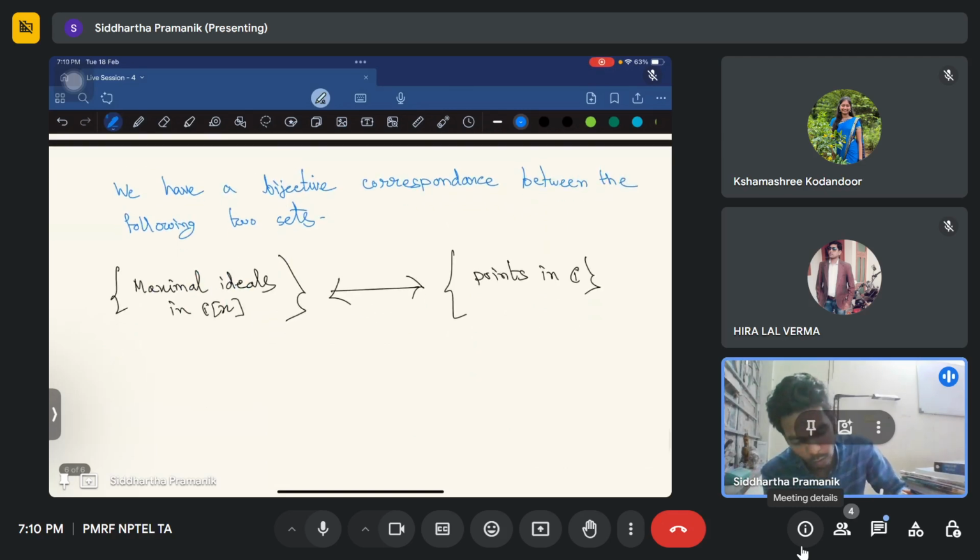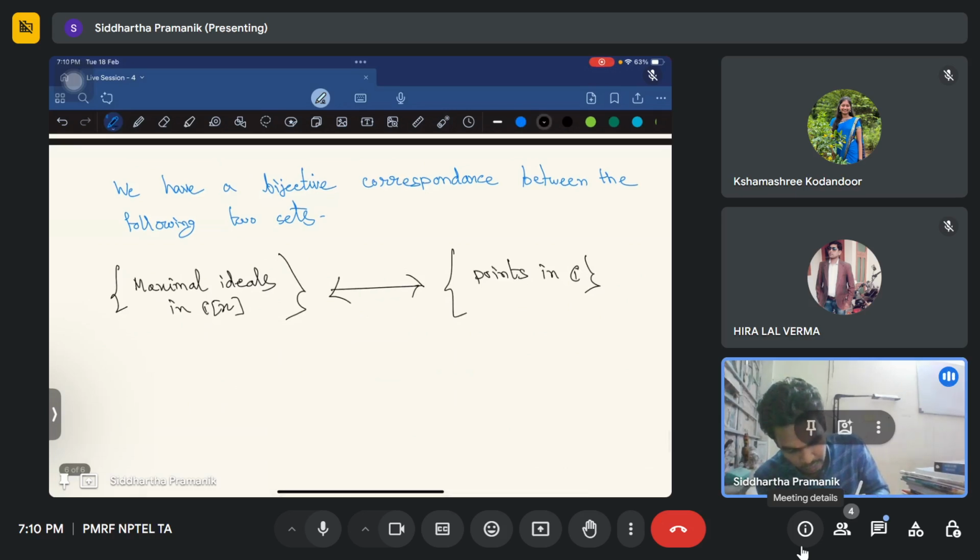So what is the mapping here? If you take an ideal, let's say M, generated by x minus alpha, you send it to the point alpha. And if you have a point here, let's say beta, you send it to the maximal ideal again x minus beta.